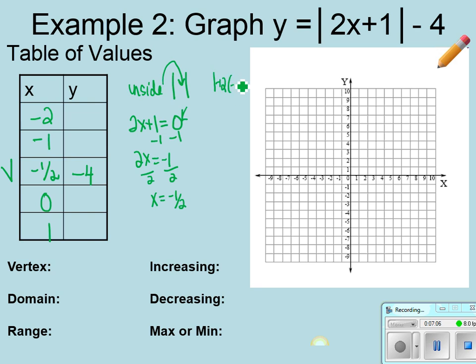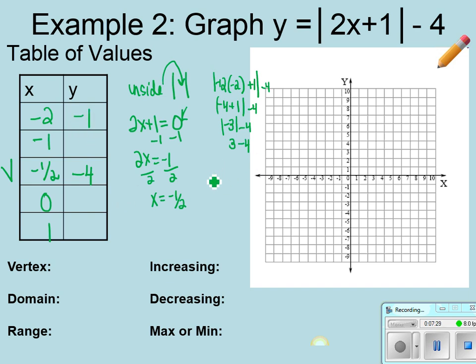So I am going to plug in negative 2, or positive 2 times negative 2 plus 1. That's negative 4 plus 1. That's negative 3. Absolute value of negative 3 is 3. And then I'm going to subtract the 4. So I have to keep bringing down the 4. That would be negative 1.